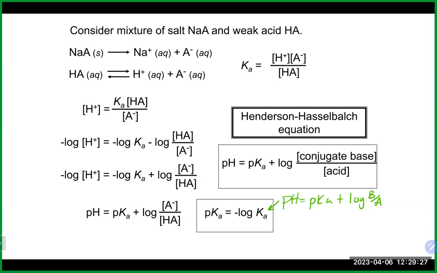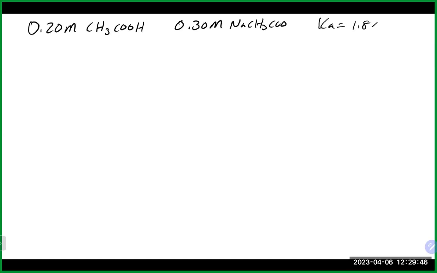So if we looked at the one that we just did, which is that 0.2 molar acetic acid with 0.3 molar sodium acetate. And once again, here our Ka value was 1.8 times 10 to the minus 5.